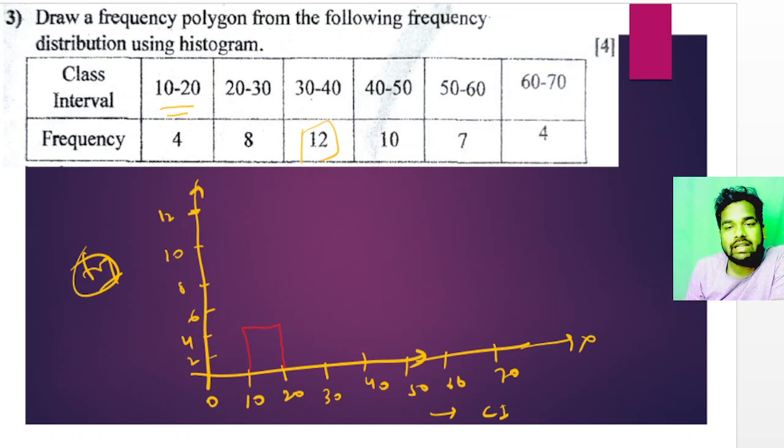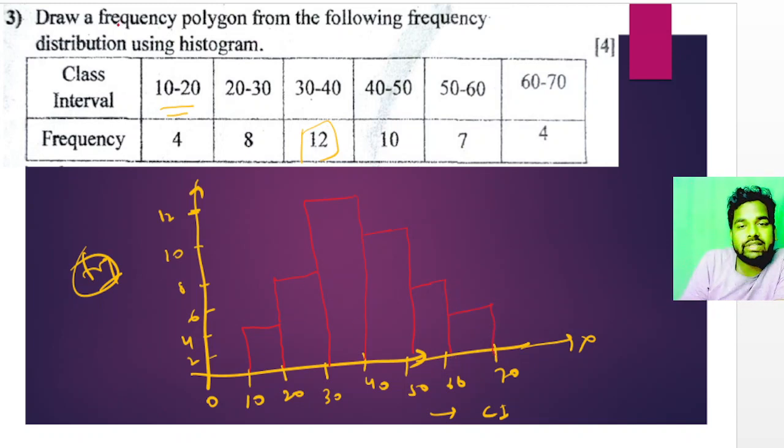Again from 20 to 30, it goes up to 8. From 30 to 40, it goes up to 12. From 40 to 50, it is 10. From 50 to 60, it is 7, and from 60 to 70, it is 4. So this is your histogram.